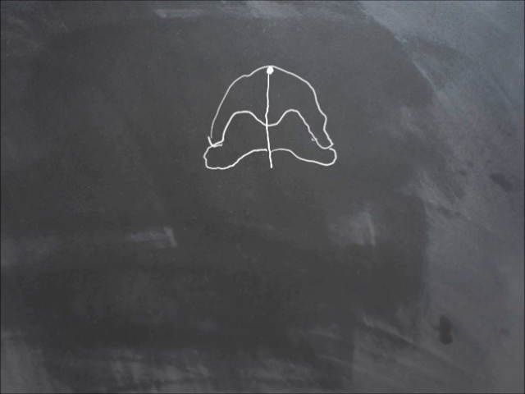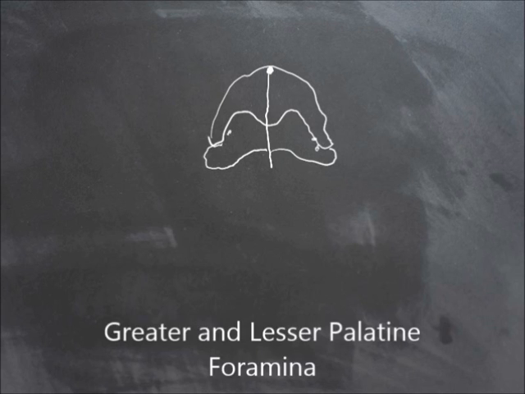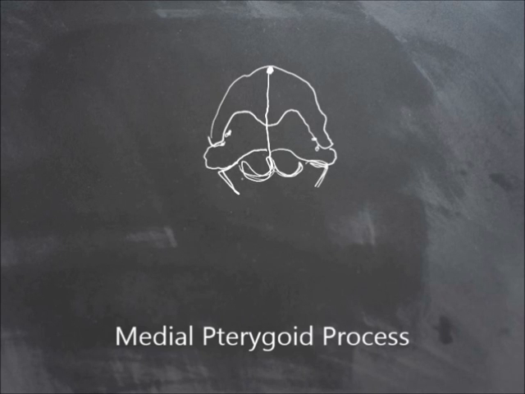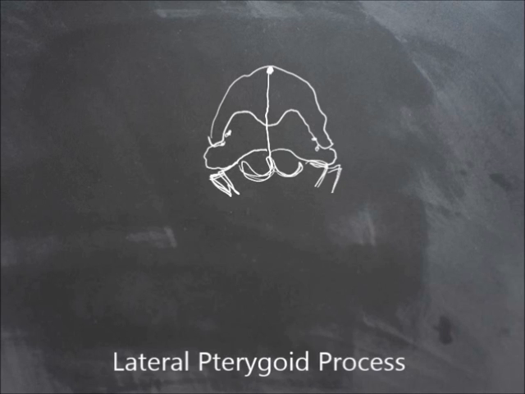And here we have the lesser and greater palatine foramen for the greater and lesser palatine nerves. So moving back, we have the medial pterygoid process and the lateral pterygoid process.